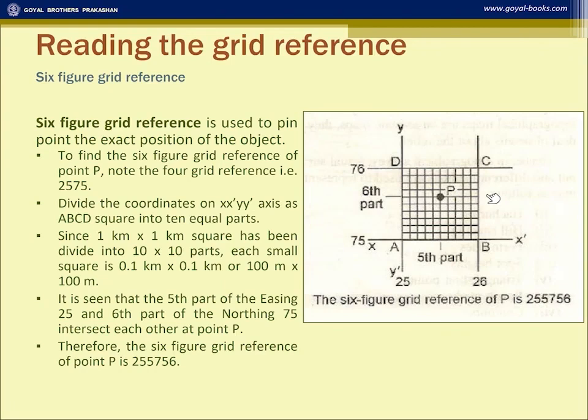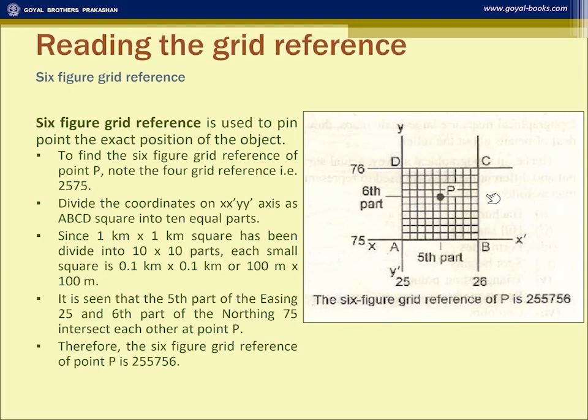Now, if we know that and we have to find the six-figure grid reference of point P, we can see that it is located on the fifth part of the easting and the sixth part of the northing. See, this is 5, this is 1, 2, 3, 4, 5 and this is the sixth part of the northing.